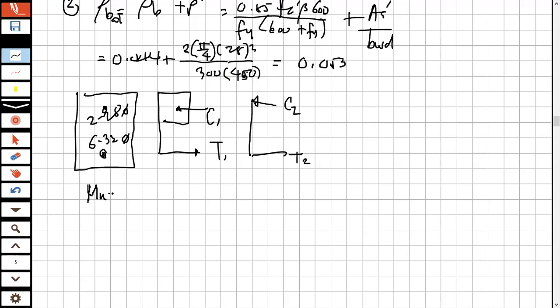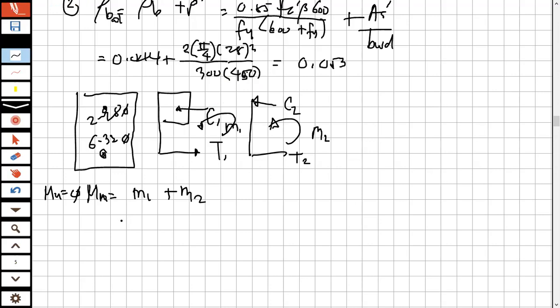Mu is equal to, pwede Mn muna. Mn kasi pwede ilagay natin Mu is equal to phi Mn. Okay? Para saka na yung reduction factor na pag-multiply natin. Okay, so I have M1 plus M2. Ito yung M1 at saka ito naman yung M2.